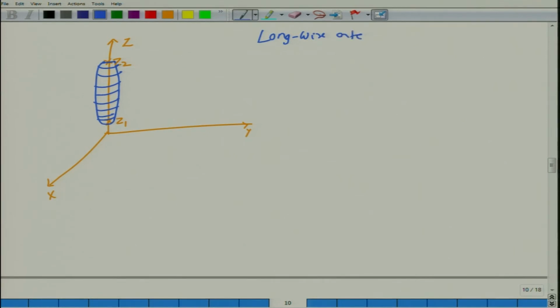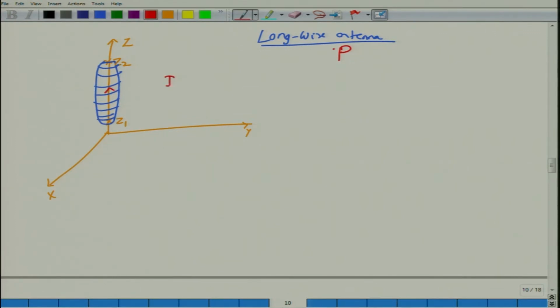So we are still in the thin wire or current element like distribution. This long wire antenna will of course radiate, and we are again interested in the far field observation point, but now I need to know the current distribution on this antenna.